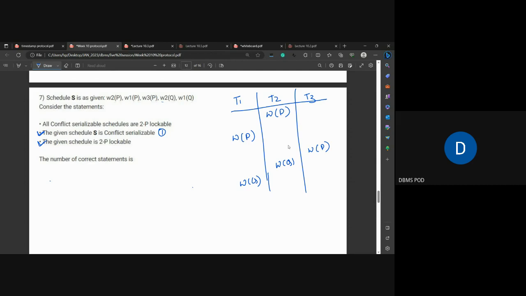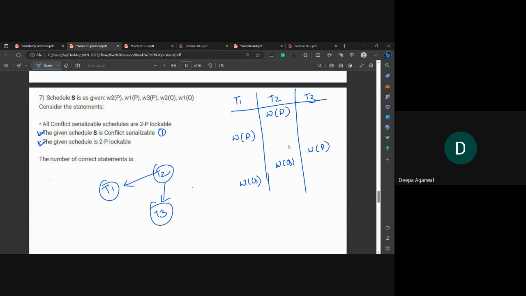Okay, let's draw. You have to see the conflicting instructions. So T2 to T1 will be there, right? T2 to T3 will be there. Then T1 to T3 will be there.